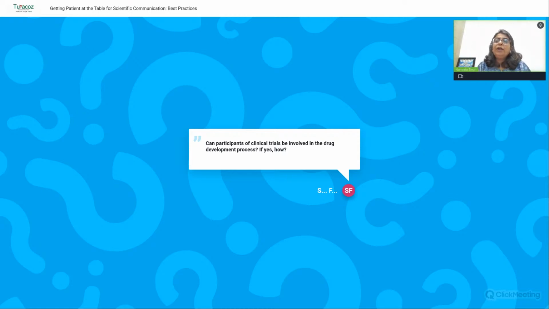Obviously the patient is not going to be a part of the drug development process in the lab itself, but the feedback, the experiences, the insights the patient is giving us, that is where the drug development process can be modified or tweaked, and that is where the participants actually get involved in the drug development process.